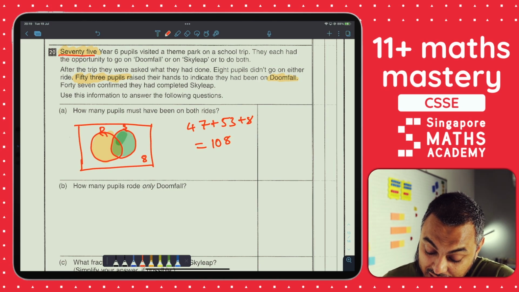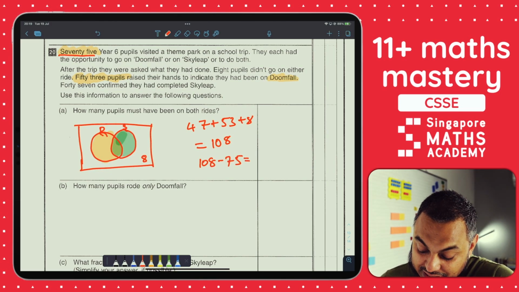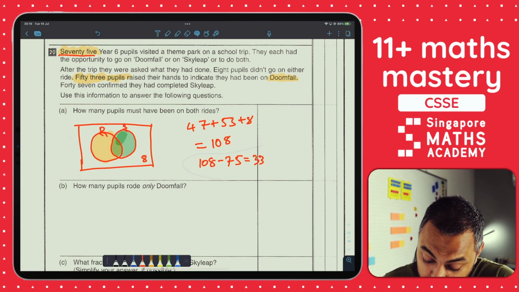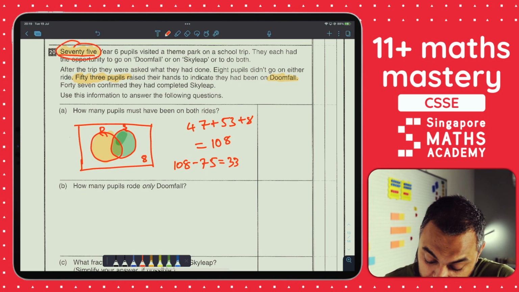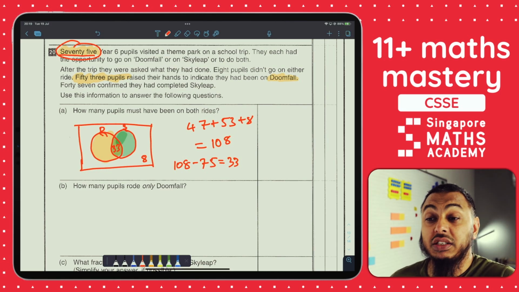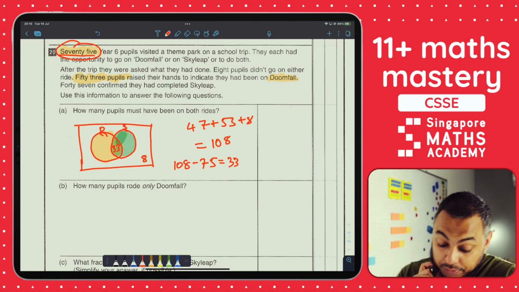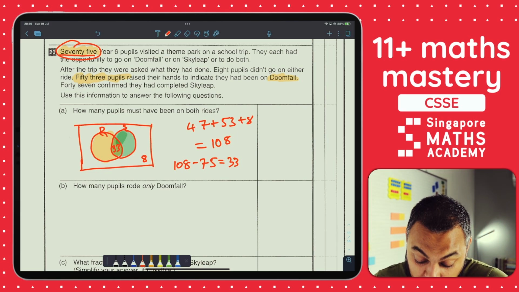So therefore, it's 116 take away 75, which is 41. So basically, we're saying there are too many here because the total should be 75, right? So that must have been counted twice. That must have gone in the middle, which means the number of people that went on both rides is 33.